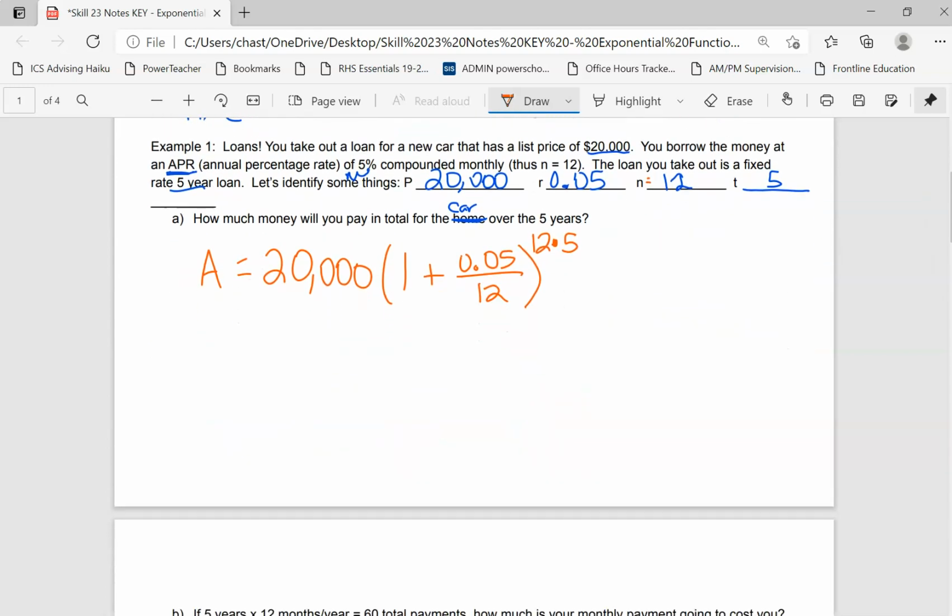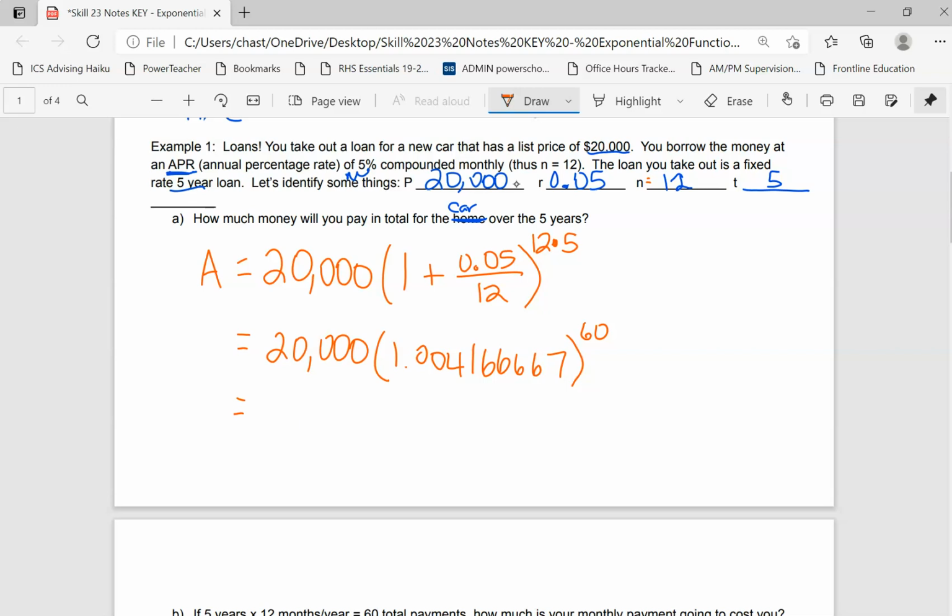Now we're going to do a little bit of simplification. I'm going to use my calculator. I take 0.05 divided by 12 and add 1 to that. My calculator gives me a really long decimal, 1.004166667. I'm sure that was rounded. 12 times 5 is 60, but I'm going to go ahead with what's on my calculator.